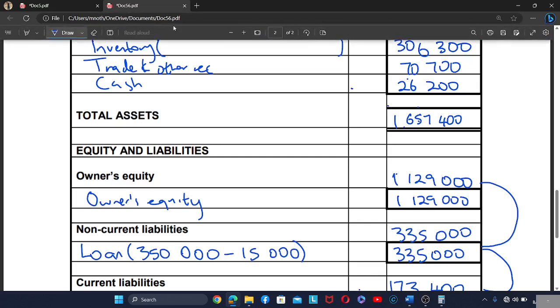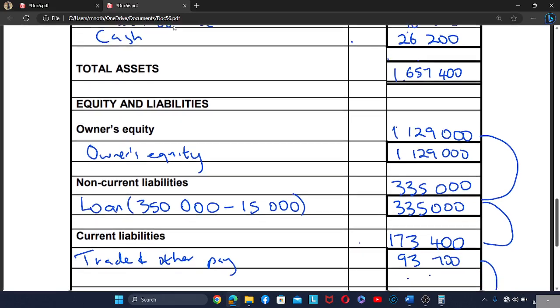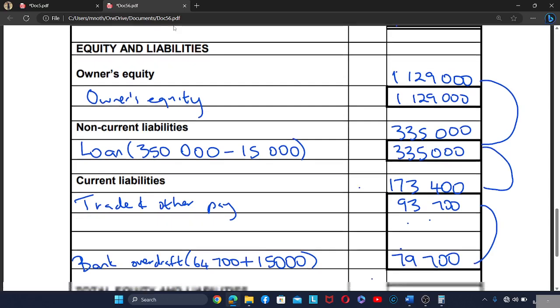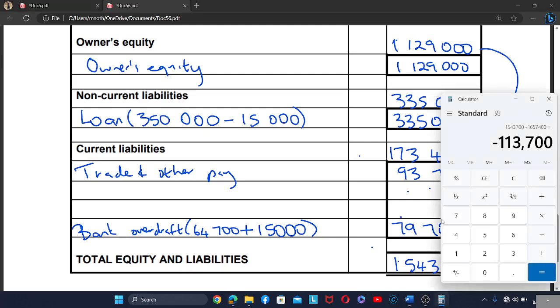Because the owner's equity, it's alright. Current liabilities. Now what is the problem with the current liabilities? Okay. Oh, we made a mistake here.